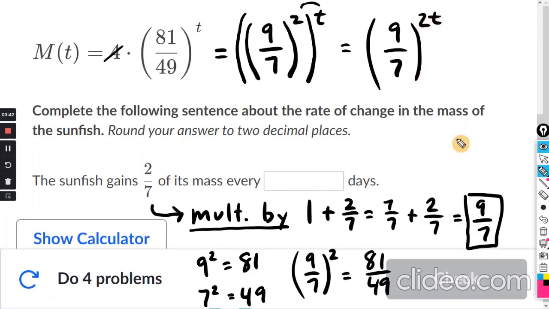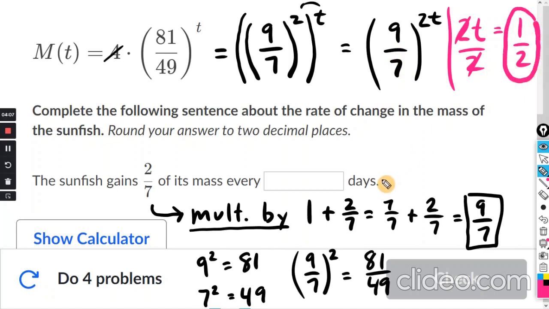Okay, so we basically have 2t equal to 1. And then if you divide both sides by 2, t is just 1/2. Okay, so it basically gets multiplied by 9/7 every half day.